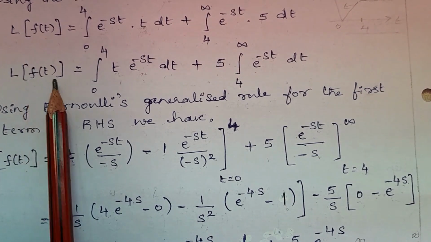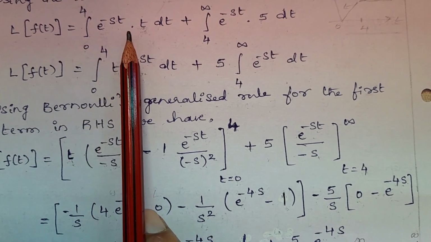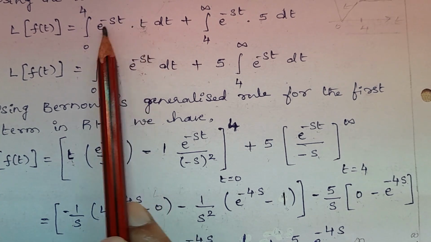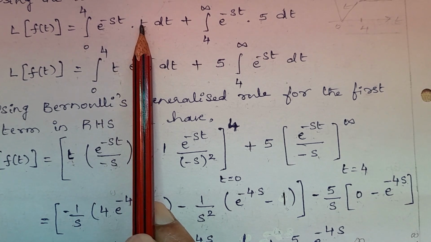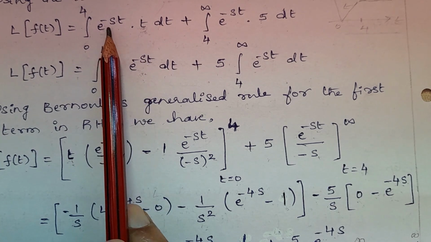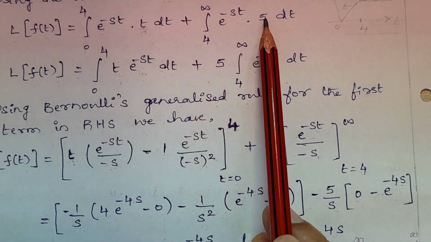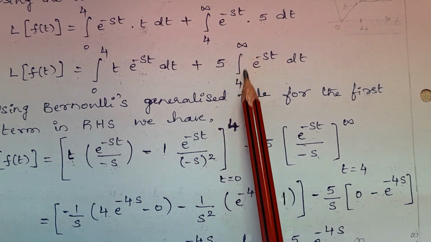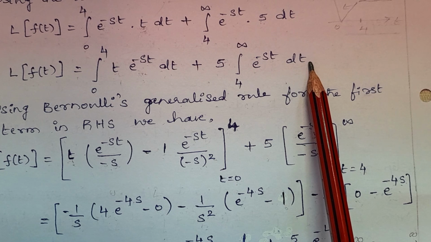Next, Laplace transform of f of t equal to integral of 0 to 4. Here f of t is a polynomial. Interchange the functions. First function t, second function e power of minus st dt, plus here 5 is constant, take outside, 5 integral of 4 to infinity e power of minus st dt.